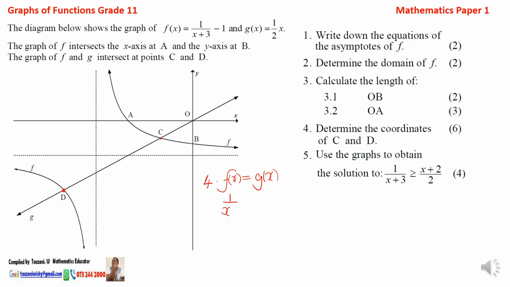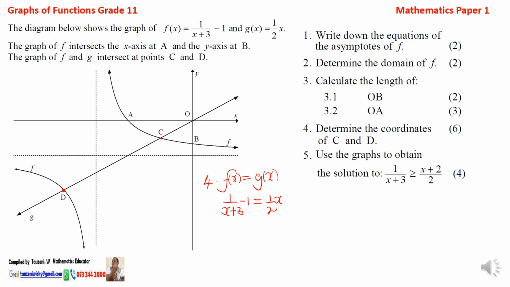So in my case, f of x is equal to 1 over x plus 3 minus 1. This is equal to g of x, which is half of x. Now I need to solve this equation to determine the values of x.